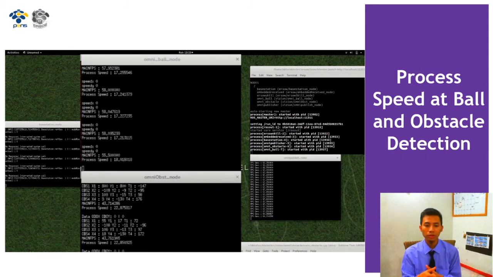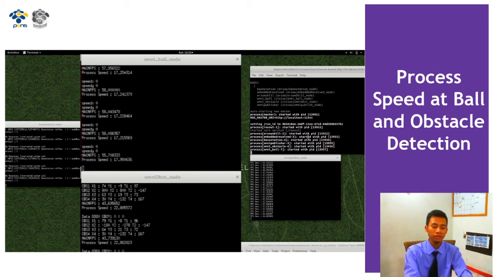So this is better than the target. The target is 24 milliseconds in ball detection, but the result is better, 17 milliseconds, and the obstacle target is 33, and the result is 22 milliseconds.